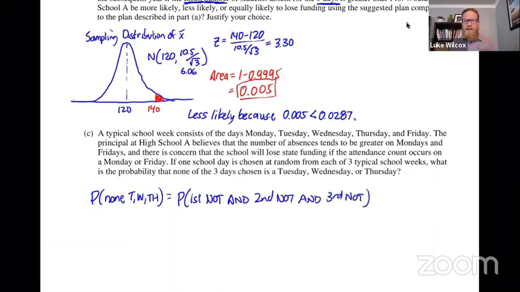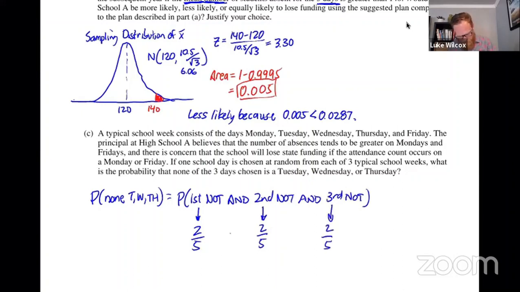Well, this is an and problem, and we can say that each of these days is independent, so we need to just multiply probabilities. So the probability that the first day is not Tuesday, Wednesday, or Thursday, well, that leaves me with only 2 days out of 5, right? Monday and Friday. And then that second being not Tuesday, Wednesday, or Thursday, of course, is going to be the same. And the third is the same.